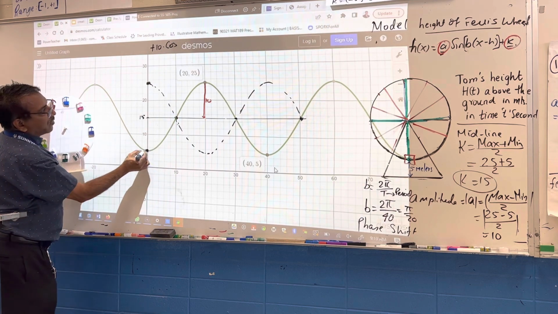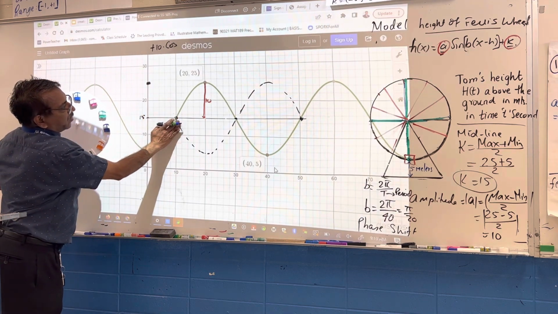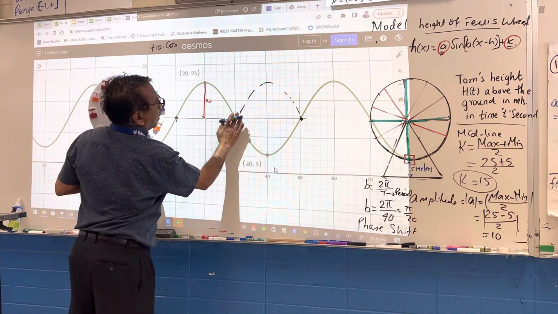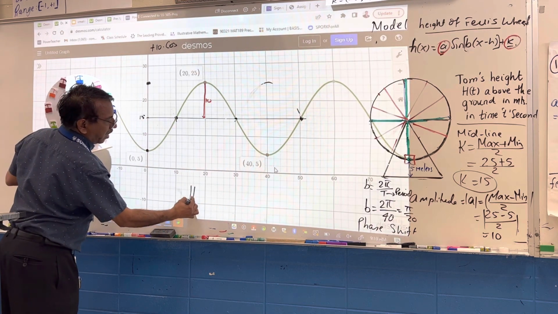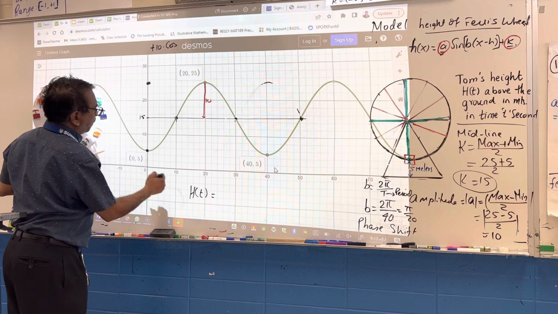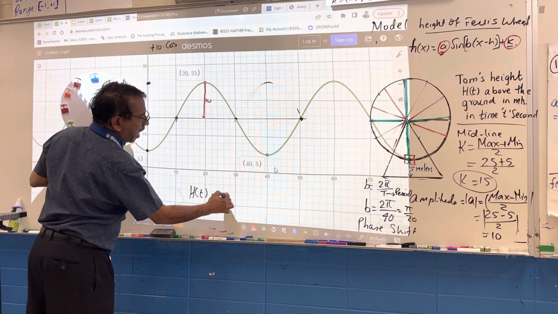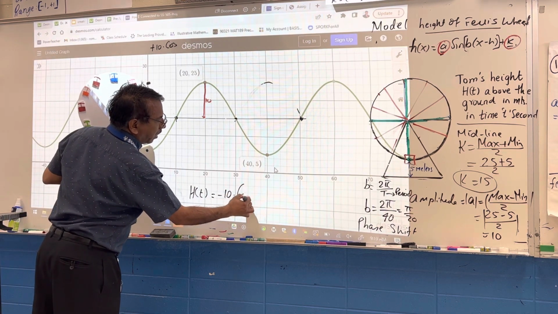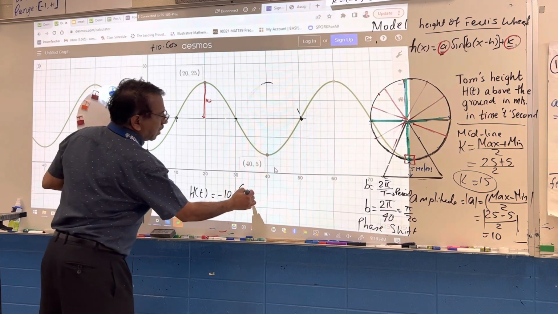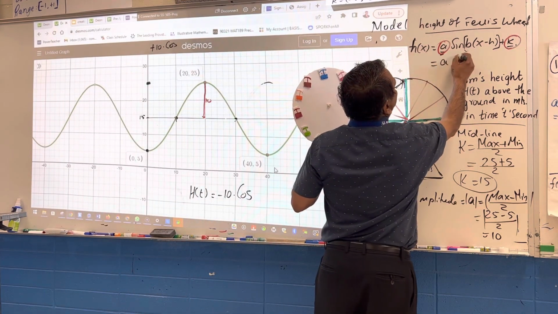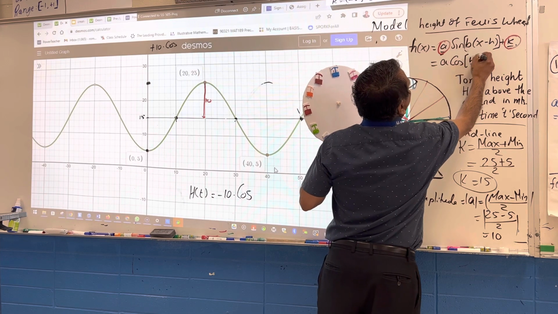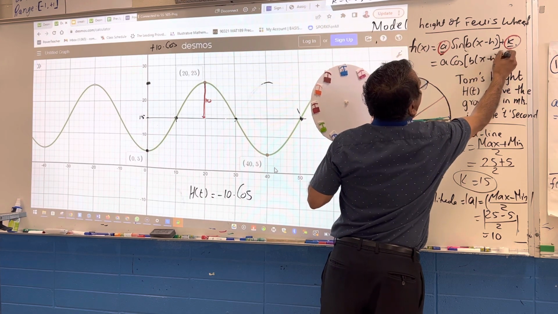But because it starts from down, we will have to change these two. So this function will change to h(t) equals, because it starts from down, minus 10 amplitude, and cosine of b. So either you can use this or you can use cosine of b(x minus h) plus k.